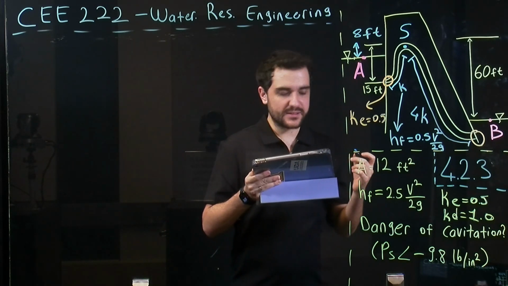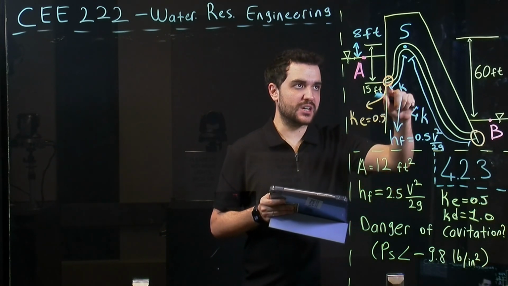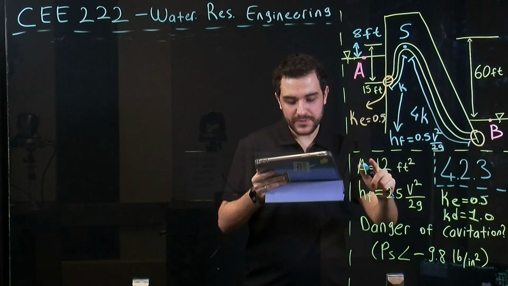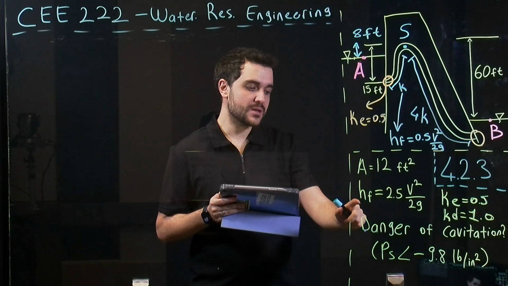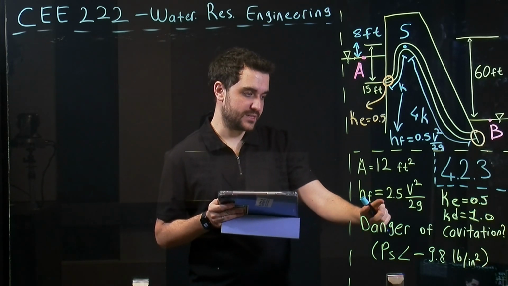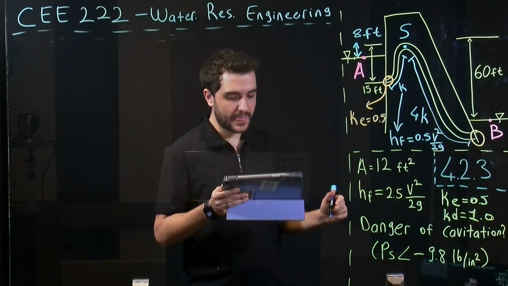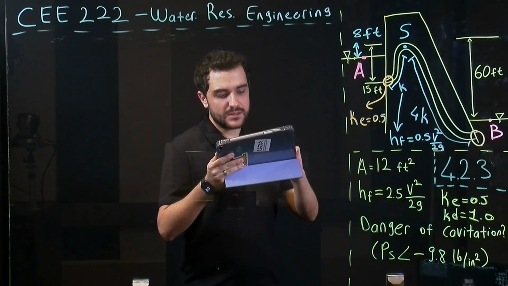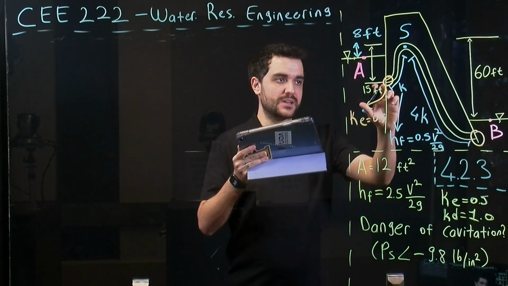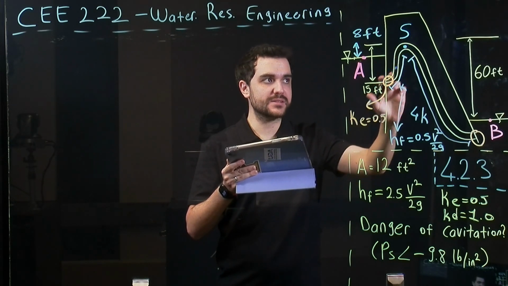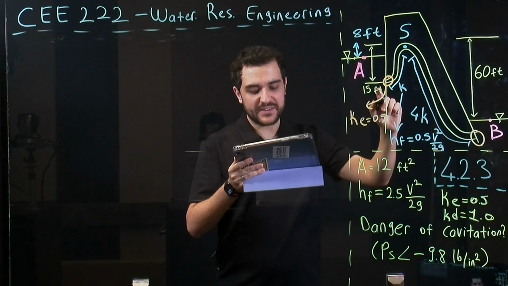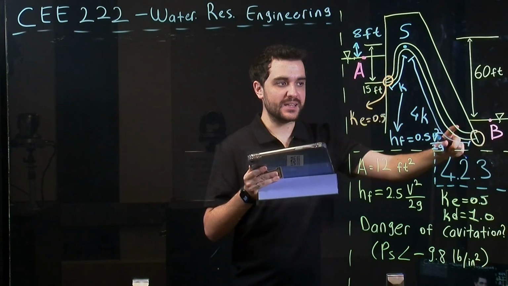It says that the friction head loss throughout this pipe is equal to 2.5 times velocity head. So here we have friction head loss, which is this term. And also it says that the distance from the siphon entrance to the summit is 1/5 the total siphon length.